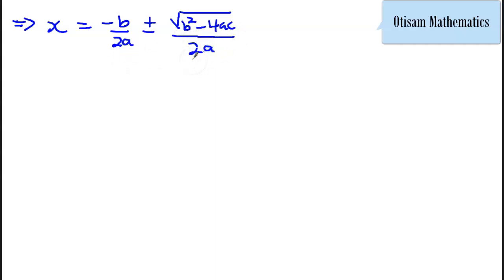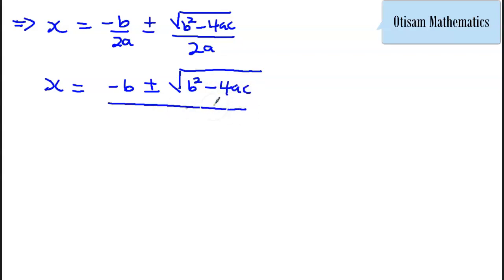So the LCM is 2a. You have x is equal to minus b plus or minus the square root of b squared minus 4ac all on 2a. So this is the quadratic formula.